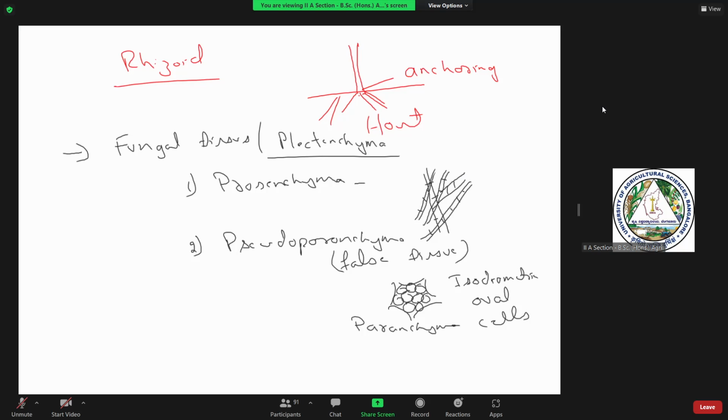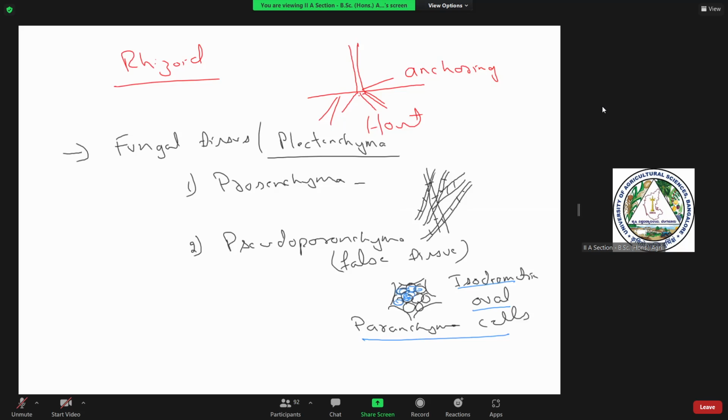The pseudoparenchyma, which is false tissue, is closely packed, oval or isodiametric, and resembles the parenchyma cells of vascular tissues.